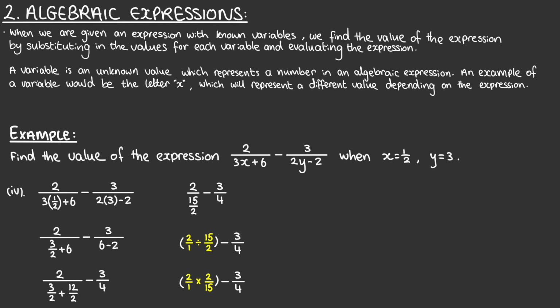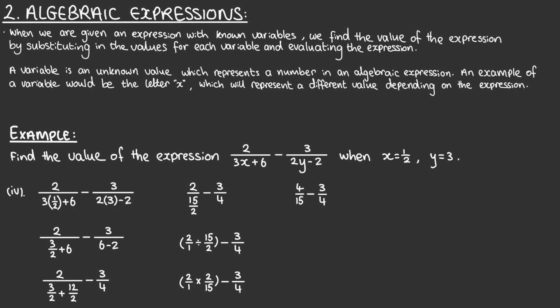We also talked about multiplying two fractions. So when multiplying two different fractions together, we multiply the numerator by the numerator and the denominator by the denominator. So here we multiply 2 by 2, which gives us 4, and we multiply 1 by 15, which gives us 15. So we're left with the fraction 4 over 15.